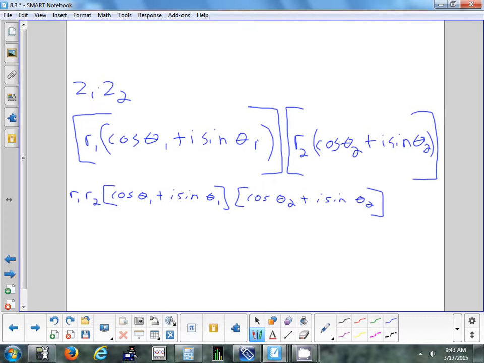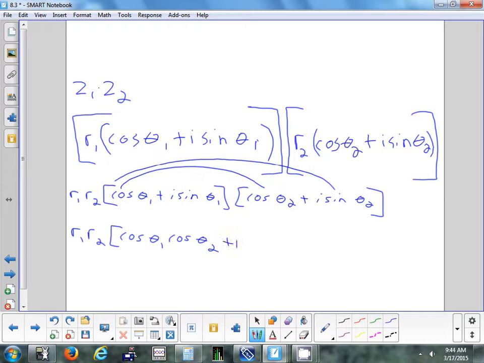Okay, so we're going to FOIL out that entire second part. All right, so we get R1, R2. We're going to get cosine theta 1, cosine theta 2. Okay, next part. I'm going to put the i's first. i cosine theta 1, sine theta 2. Do the inner, and I get i's again.